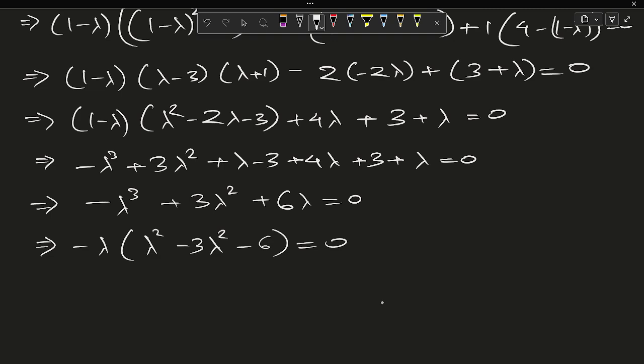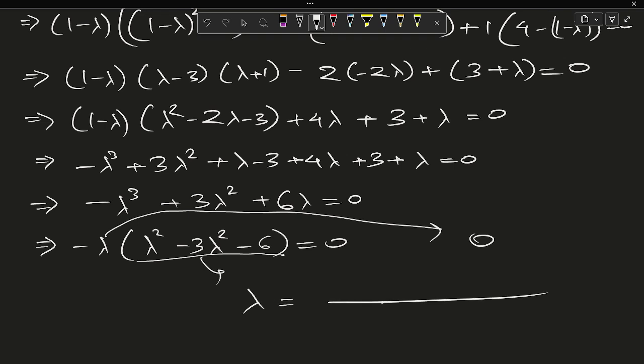So now we can say that 0 is one eigenvalue of the matrix. Another two eigenvalues will come from this quadratic. The roots will be, using the Sridharacharya formula, lambda equals minus b plus or minus root of b squared minus 4ac, over 2a.